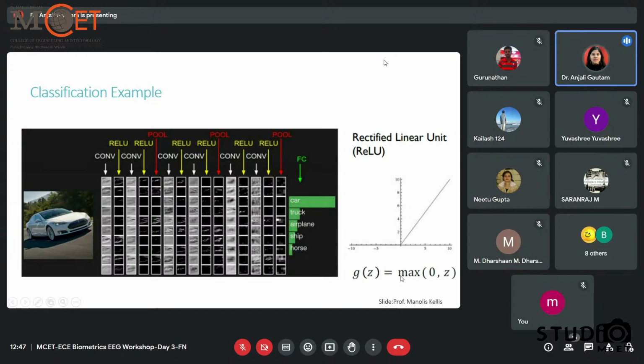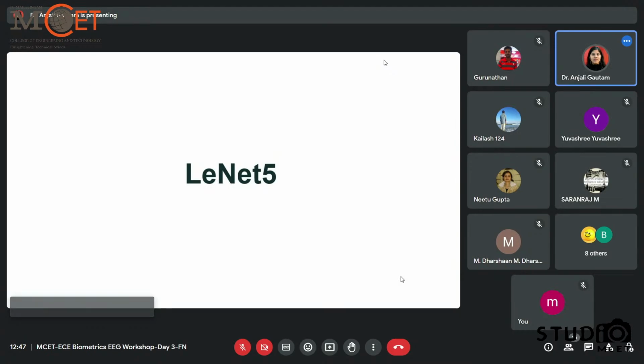It is written as G(z) = max(0, z). If the value is positive then keep it; if the value is negative then it is not needed, so just make it 0. Otherwise leave it, and whatever pixel value is there, that same pixel value will be retained.